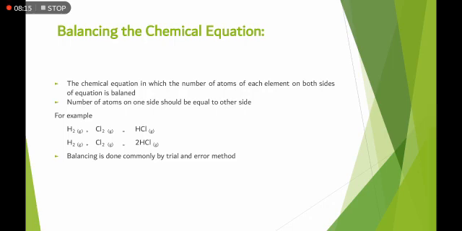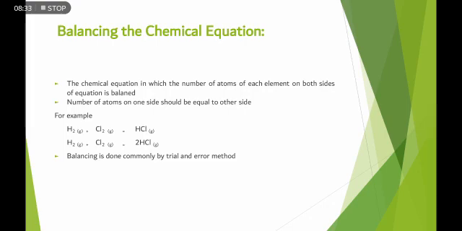How can we balance it? We will write a coefficient which is 2. When we write 2 with HCl, there are two molecules of hydrogen and two molecules of chlorine. So what happens here?